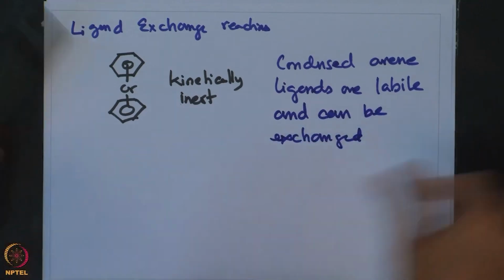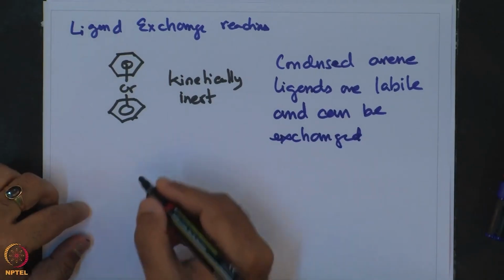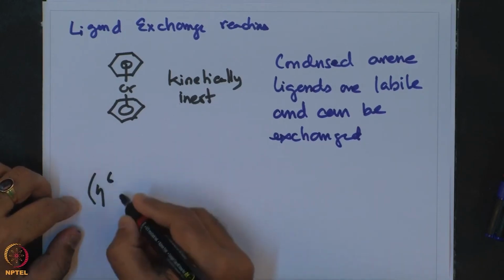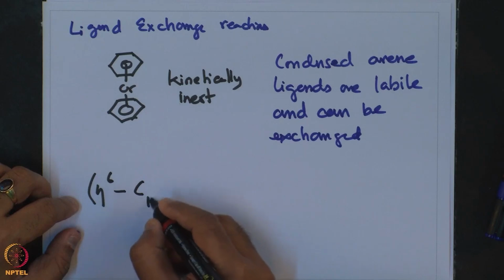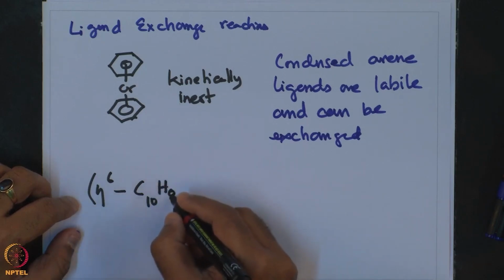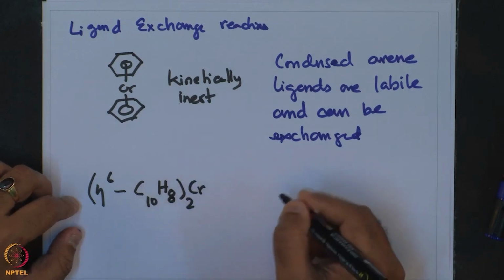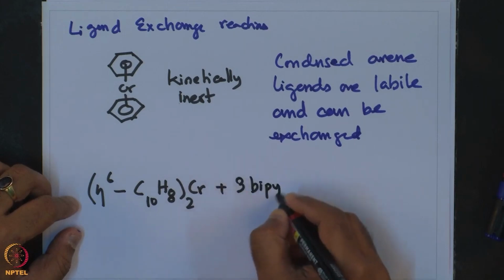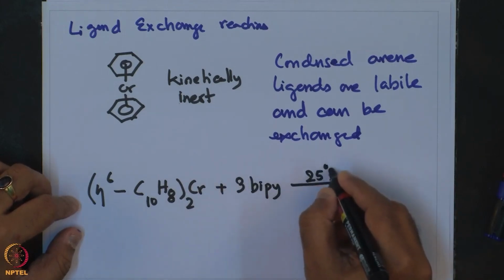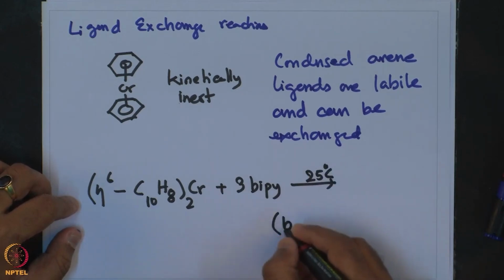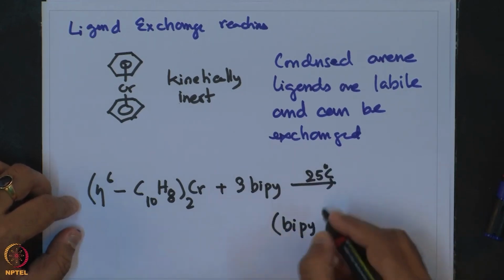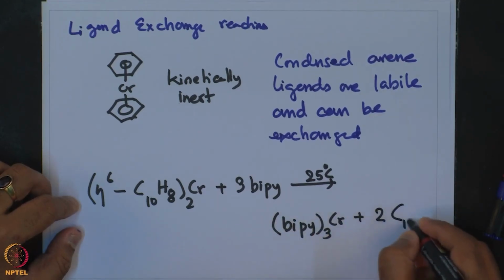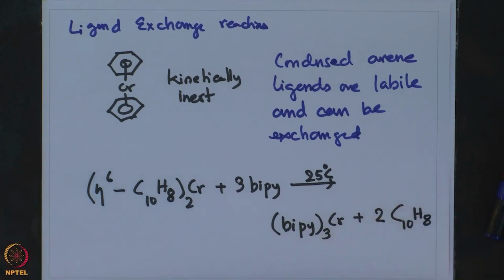For example, as is shown over here, (C10H8)2 chromium plus 3 bipyridine at 25 degree centigrade gives chromium tris-bipyridine plus 2 C10H8.